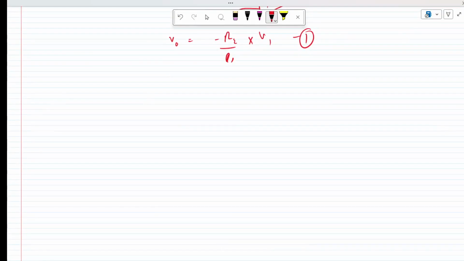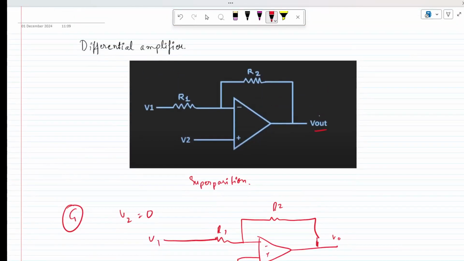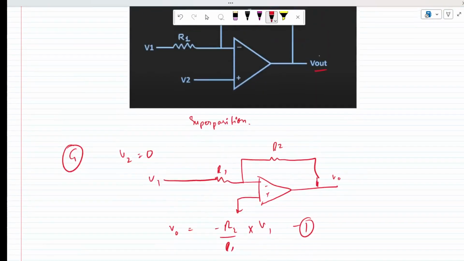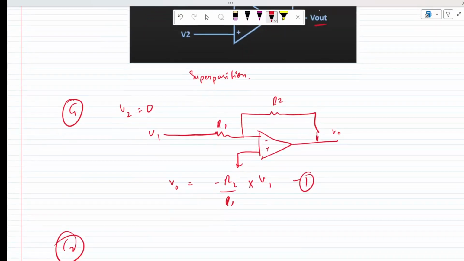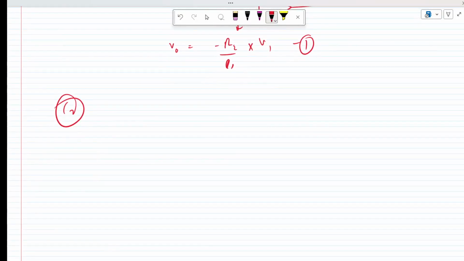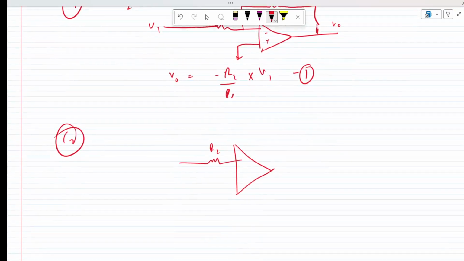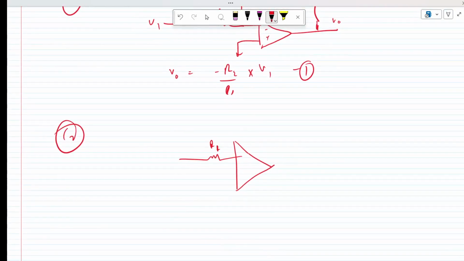Now in case 2 we consider that V1 is 0 and only V2 is applied. So what is the output going to be in that case? Let me quickly draw that. This is R2, this is R1, pardon. This portion is grounded, and here we have applied V2, and this is V output.